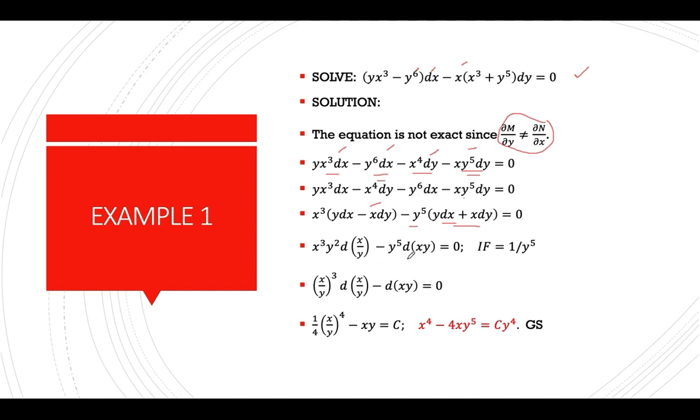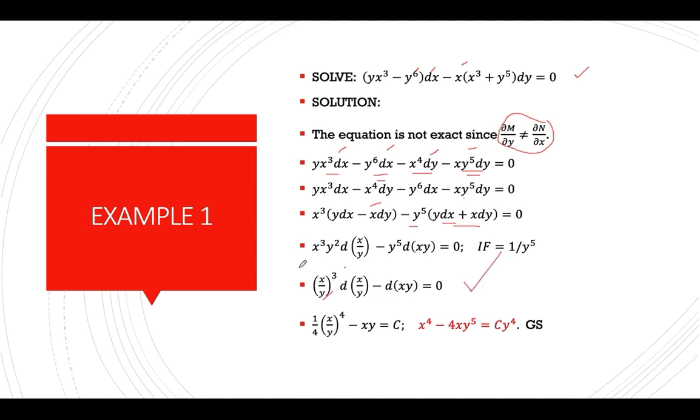Now for the equation to be integrable, we have to eliminate y to the 5th here by multiplying by 1 over y to the 5th, and then multiplying by 1 over y to the 5th will give you x cubed over y cubed here, or x over y raised to the power 3. And then y to the 5th will cancel out here, so this is now integrable.